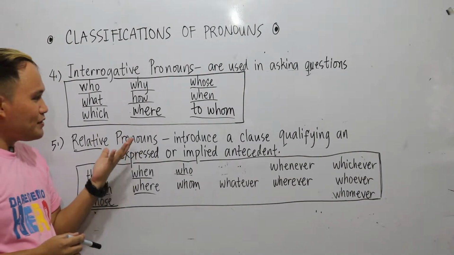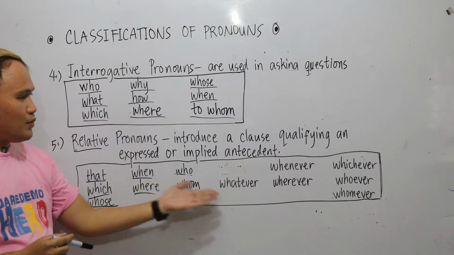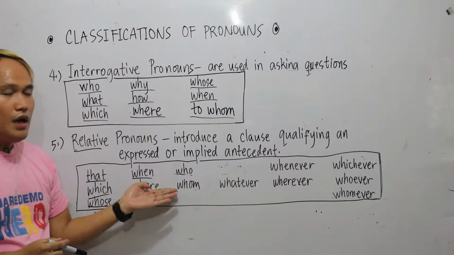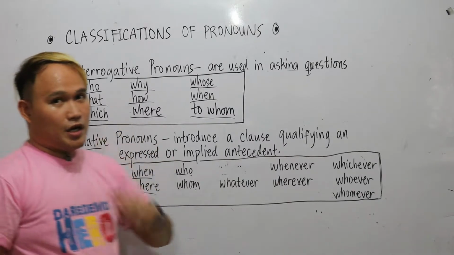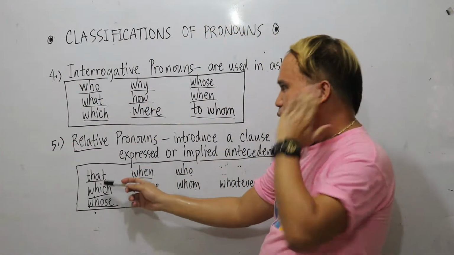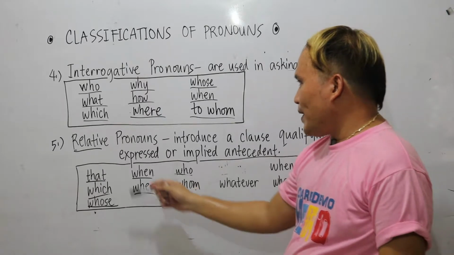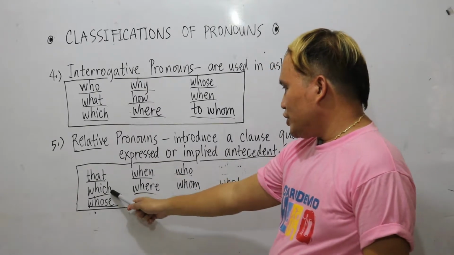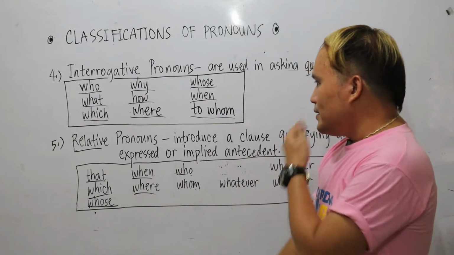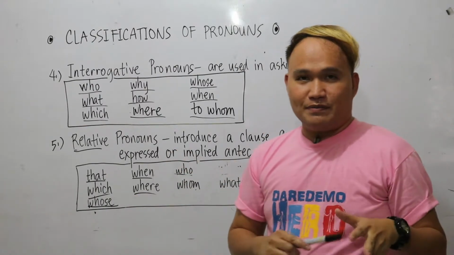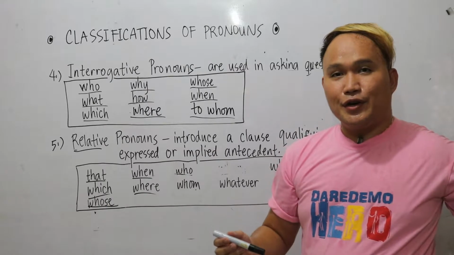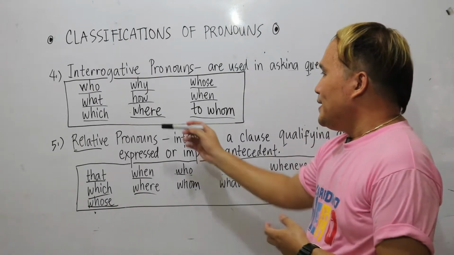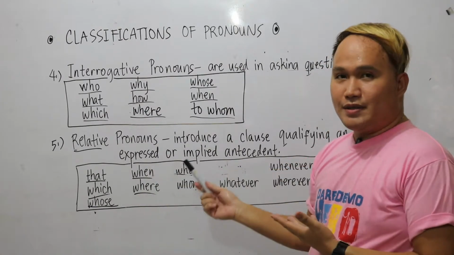Now, relative pronouns. If you notice the words in the box under relative pronouns, there are similar words: who, when, where, which. So what are relative pronouns, and how do they differ from interrogative pronouns?